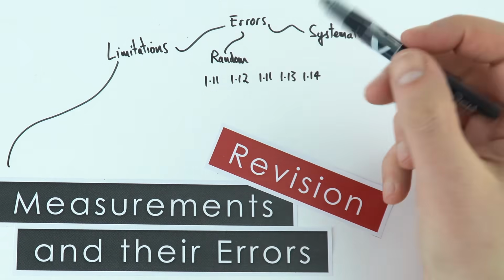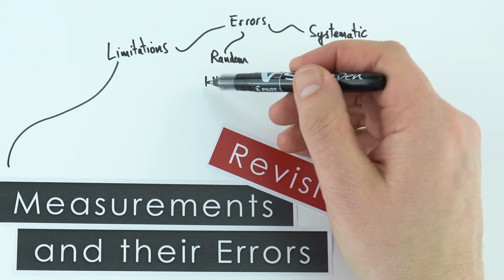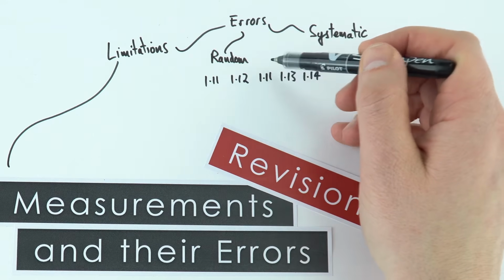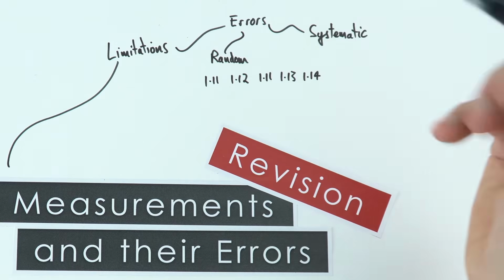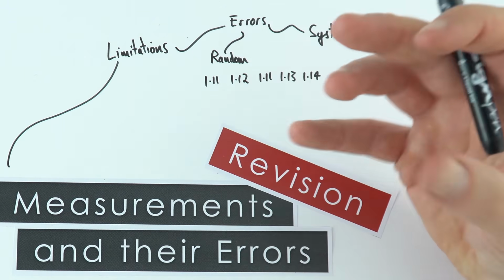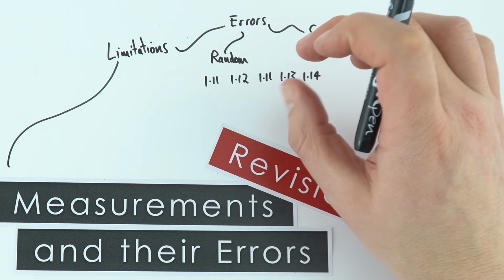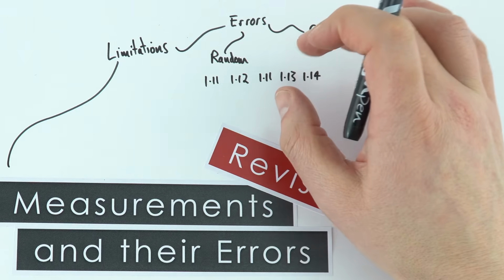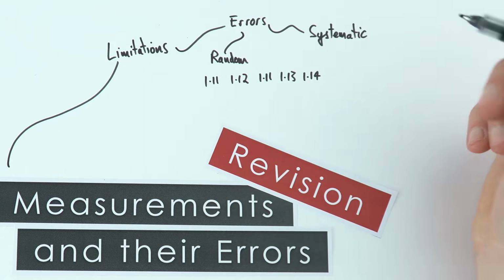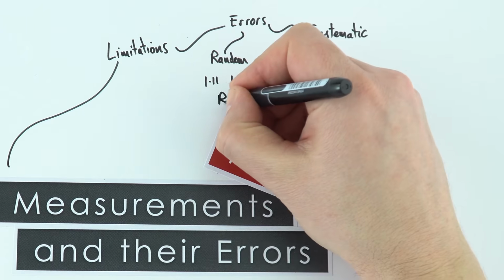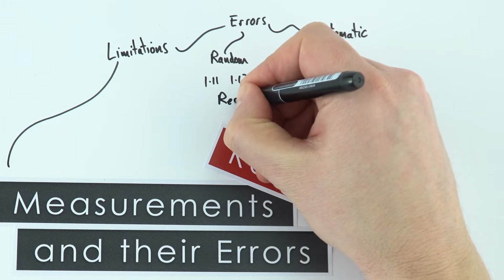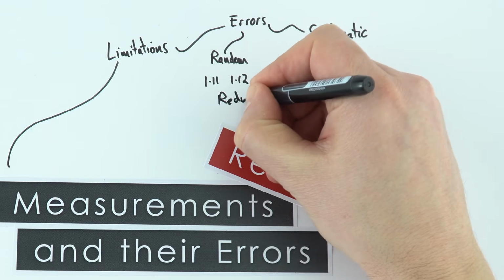It's just very, very hard, and actually a bit suspect, if you got values of 1.11, 1.11, 1.11, 1.11. So what we find is that when you repeat stuff, there's a very small spread of your data around what the true value is going to be. And the way that we reduce this is by repeating, and repeating, and repeating.